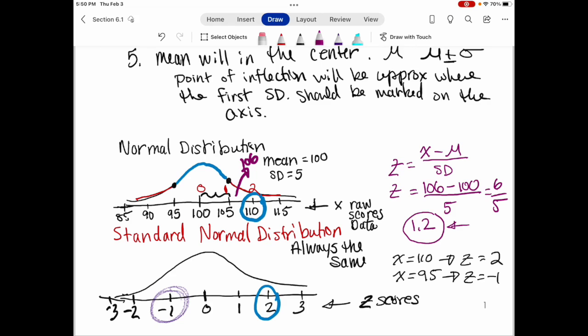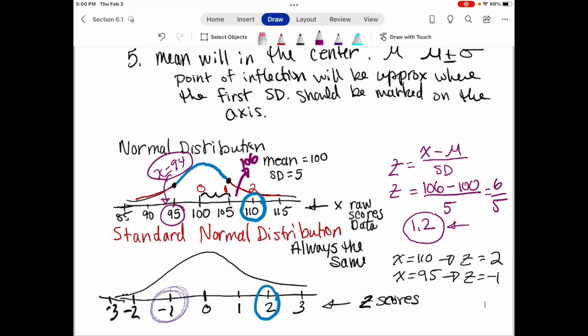Let's say I wanted to look at what happens on the other side of the mean. Let's say I wanted to see what happens when x is 94. At 95, we know that's a standard deviation of -1 away from the mean, meaning I'm 1 standard deviation to the left of the mean or below the mean. So I should be -1 point something, between -1 and -2, when x is 94.